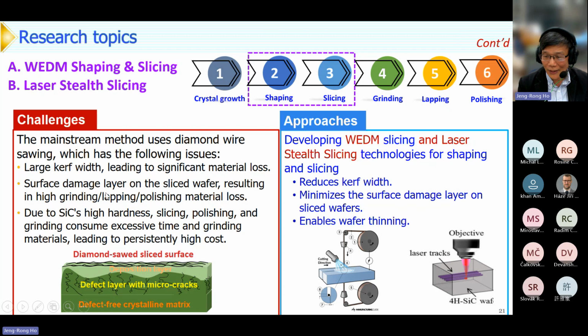And the surface damage on the sliced wafers is large. This is a schematic of the diamond wire slice surface. We can see there are deposits after slicing, and also it causes defects with micro cracks. All this has to be polished away because it will affect the later epitaxial process.